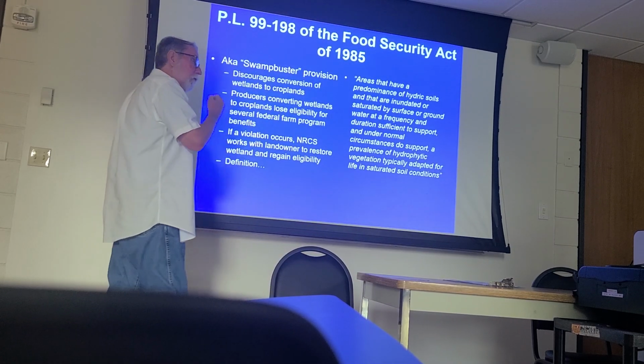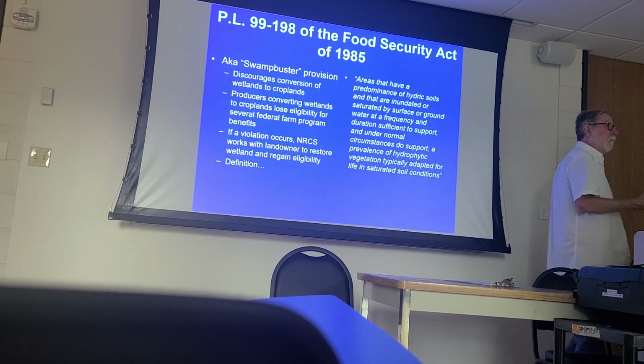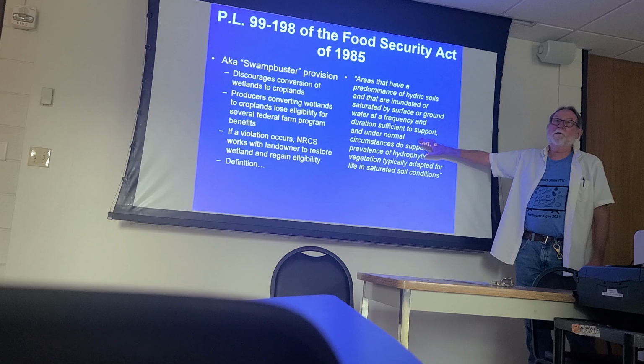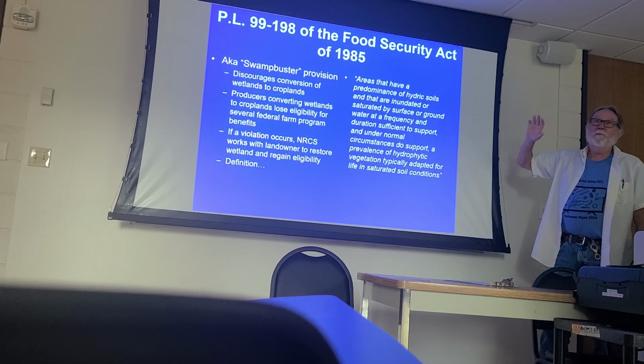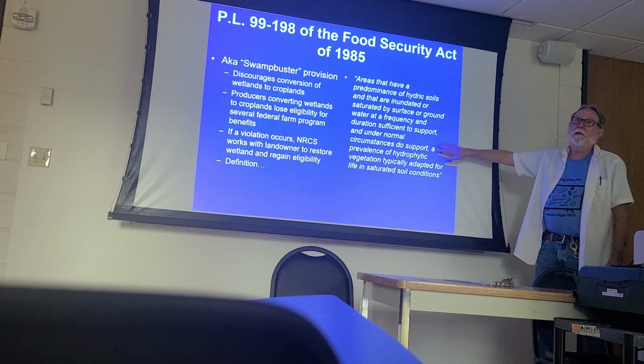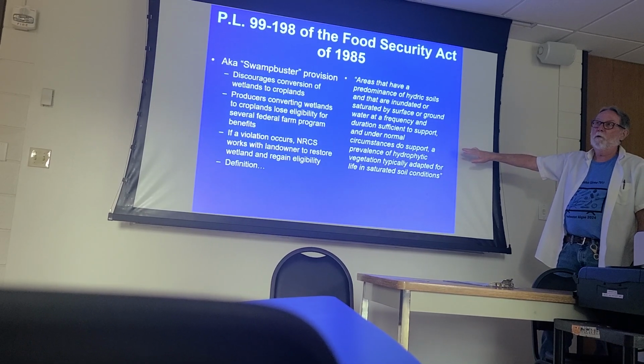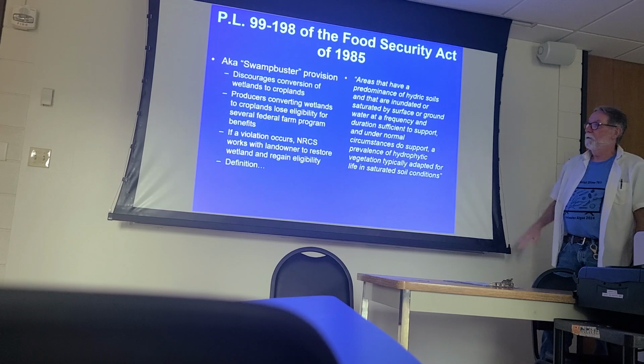So again, the big three are in there: soil, water, plants. But because these are legal definitions, you have to have all three. But it accounts for the fact that if the land has been tampered with and one is missing, it still counts.